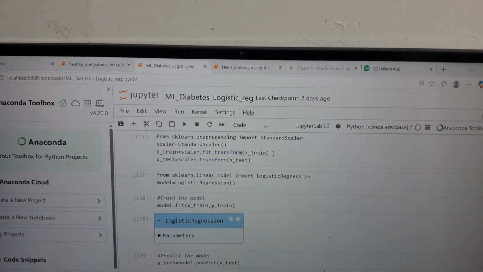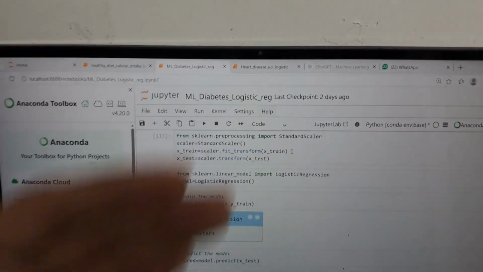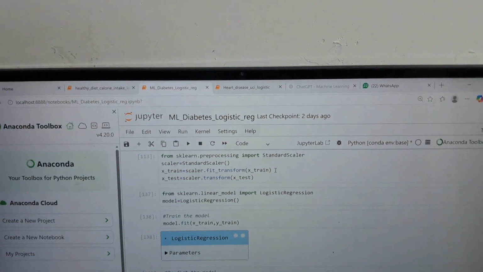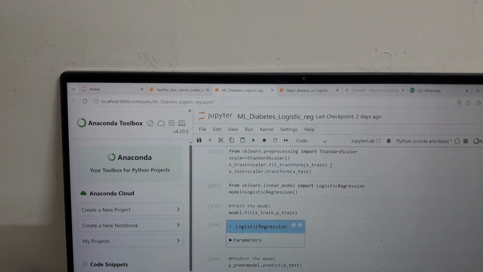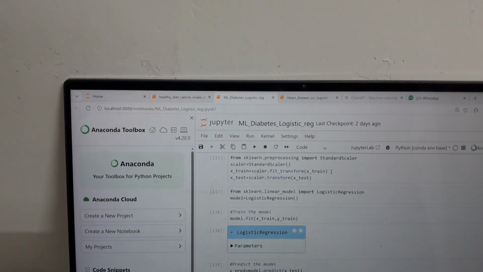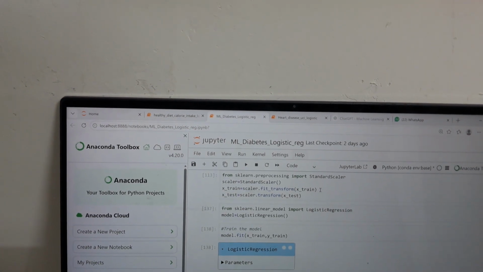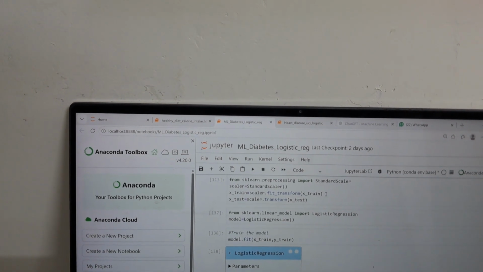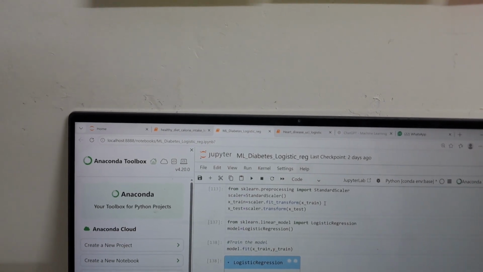Next, standard scaling. Standard scaling will bring outliers into the range. It will calculate the average of the column, and change all numbers in that column in such a way that the mean of those numbers will be 0 and the standard deviation will become 1.